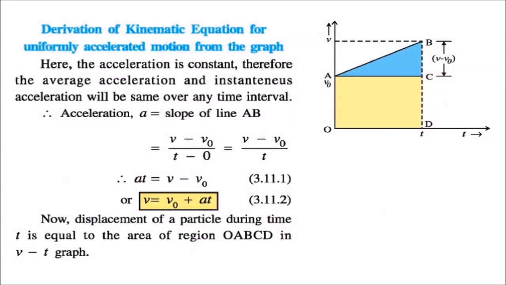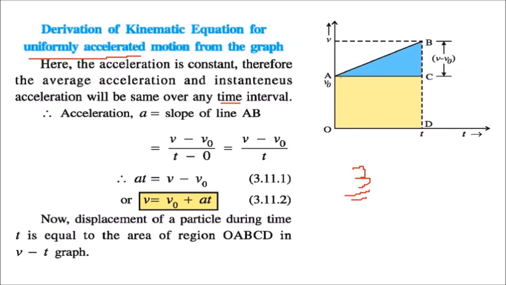But the derivation of the kinematic equations for uniformly accelerated motion from the graph is very important, because three equations are going to come from this, and if you are preparing for competitive exams, then these equations are very important. In this case, because we are talking about uniformly accelerated motion, the acceleration is constant. So the average acceleration and the instantaneous acceleration over a certain period of time will be the same.